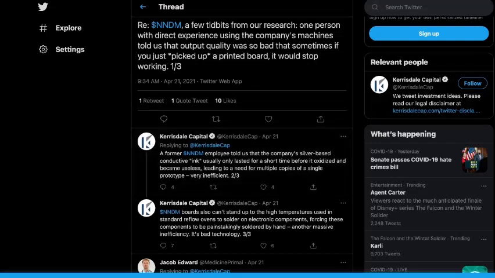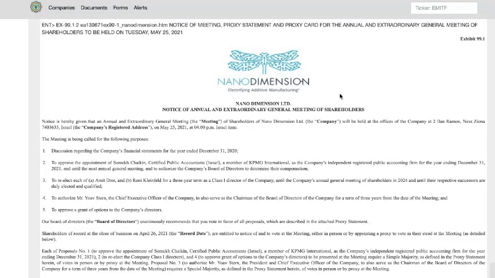So if we come over here, we can see that Nano Dimension's notice of annual and extraordinary general meeting of shareholders, and this is kind of the notice that they filed with the SEC to let them know that this is going on and what they will be talking about. So we can see here that the meeting is being called for the following purposes: 1. Discussion regarding the company's financial statements for the year ended December 31st, 2021. 2.